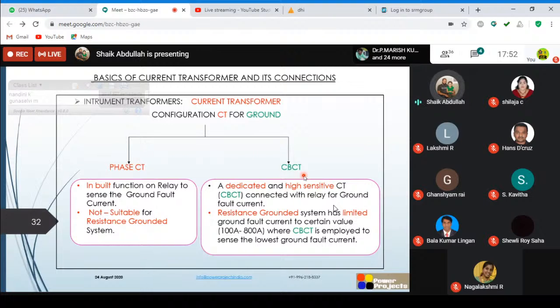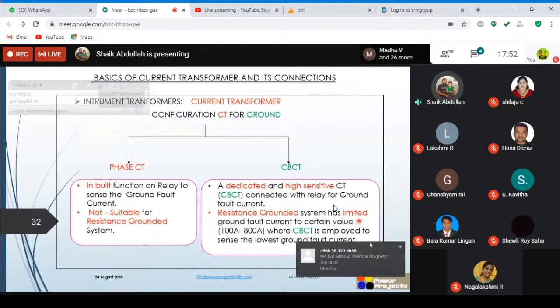In some industries it is called a toroidal type current transformer. It has quite high sensitivity, which we already discussed in our earlier slides. Sensitivity is important in our relay coordination, and that sensitivity will be achieved by your sensing device, which is your CBCT.